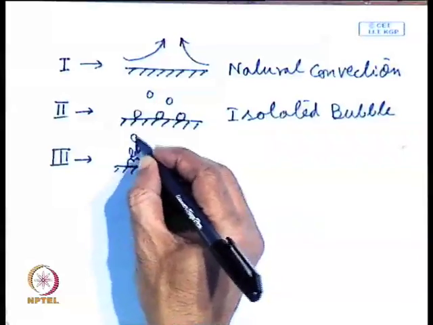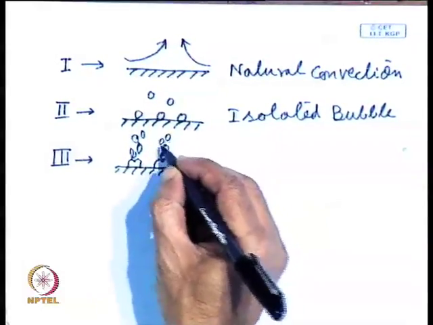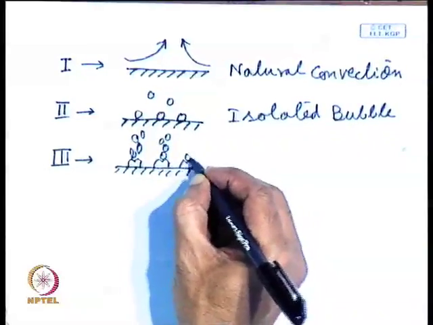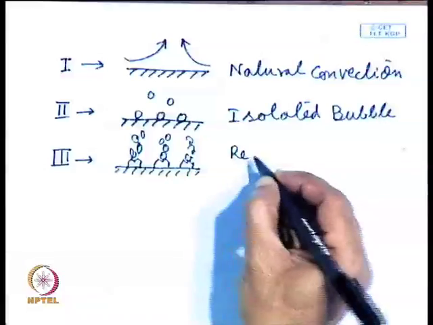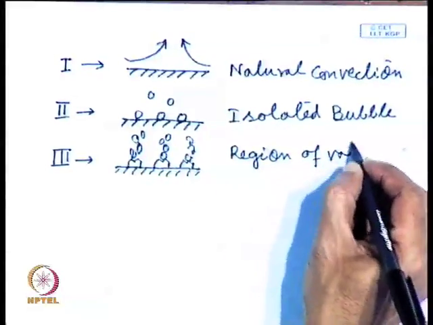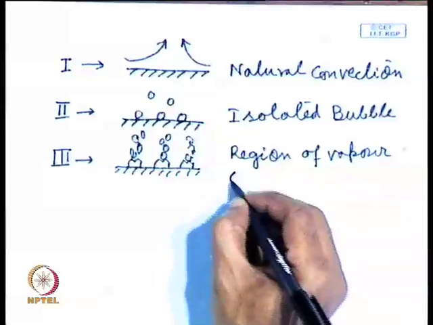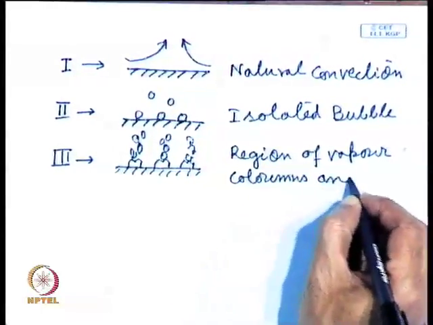I will get some columns and jets. Probably at some distance they will have some gap in between this. So, this is the region of vapor columns and jets.